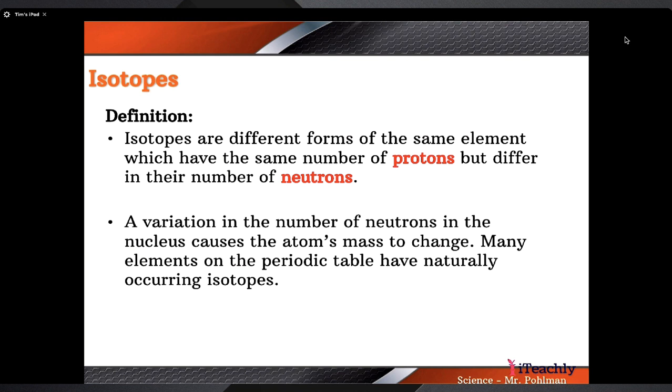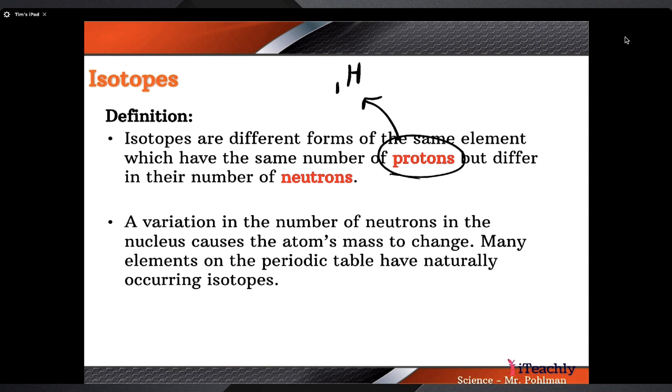Now, what makes isotopes the same? It's the number of protons. An element is identified by the number of protons found inside of the nucleus of the atom. Hydrogen has one proton in its nucleus.